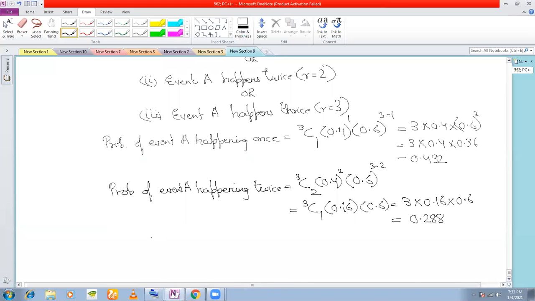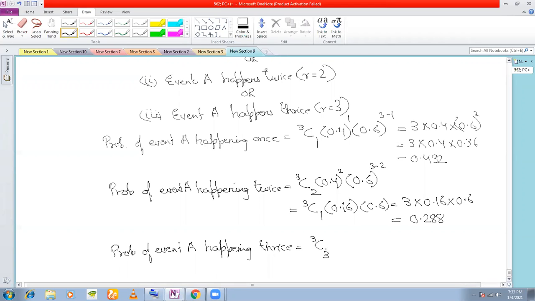Next, probability of event A happening thrice. This time the value of r is 3.